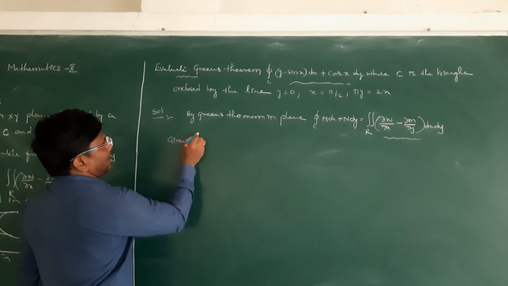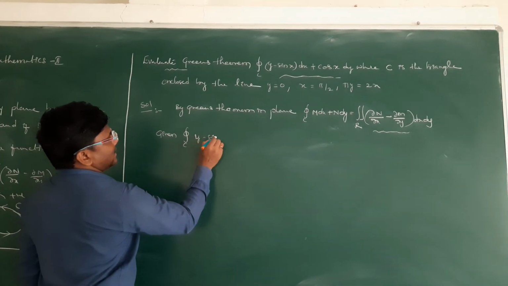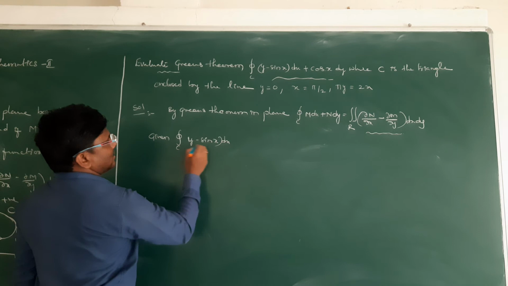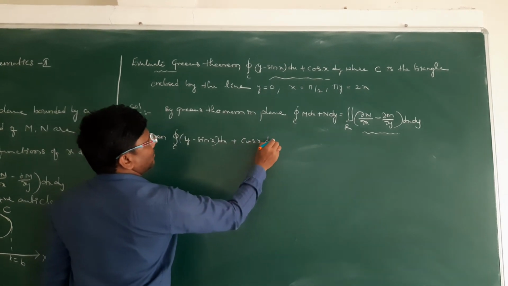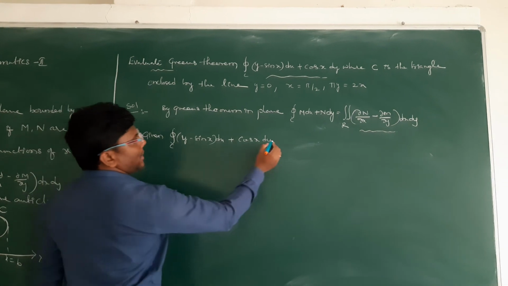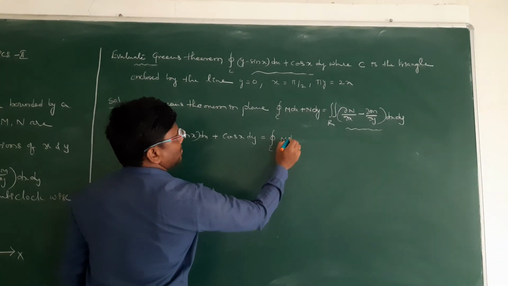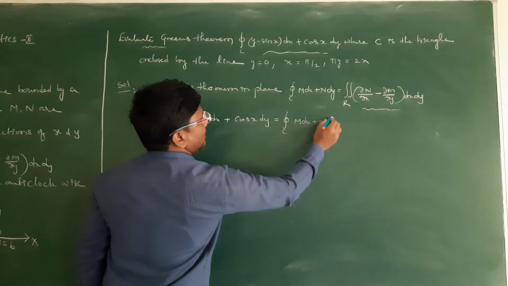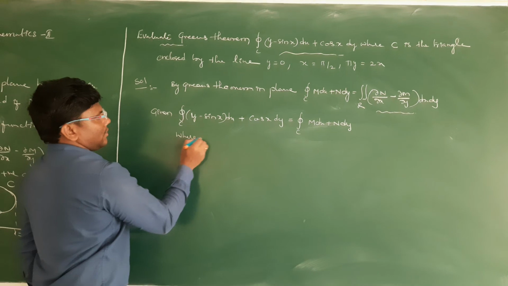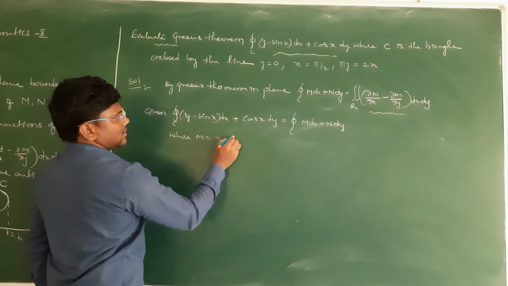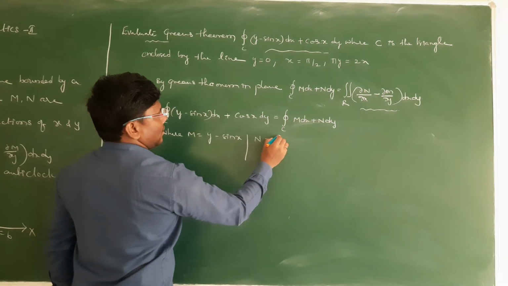Given the integral over C of (y minus sin x) dx plus cos x dy. Compare this with the integral over C of M dx plus N dy, where M is equal to y minus sin x and N is equal to cos x.